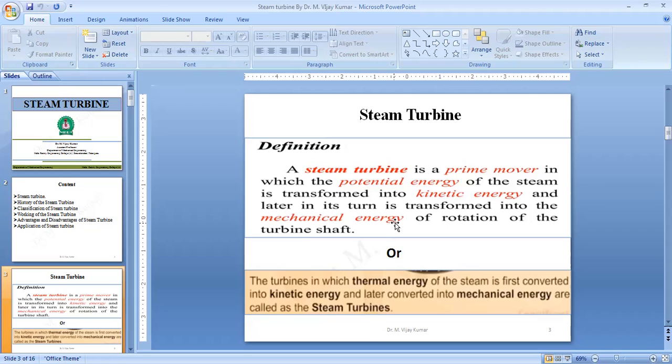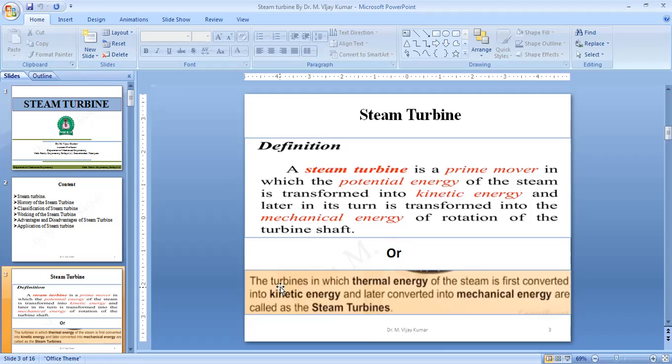When it's converted into kinetic energy, that steam will start hitting the blades, and the runner will be rotated. The runner is mounted on the shaft, thus the shaft will be rotating, and that shaft is connected to the generator. This is how the mechanical energy is converted into electrical energy. Right, that is what the definition is.